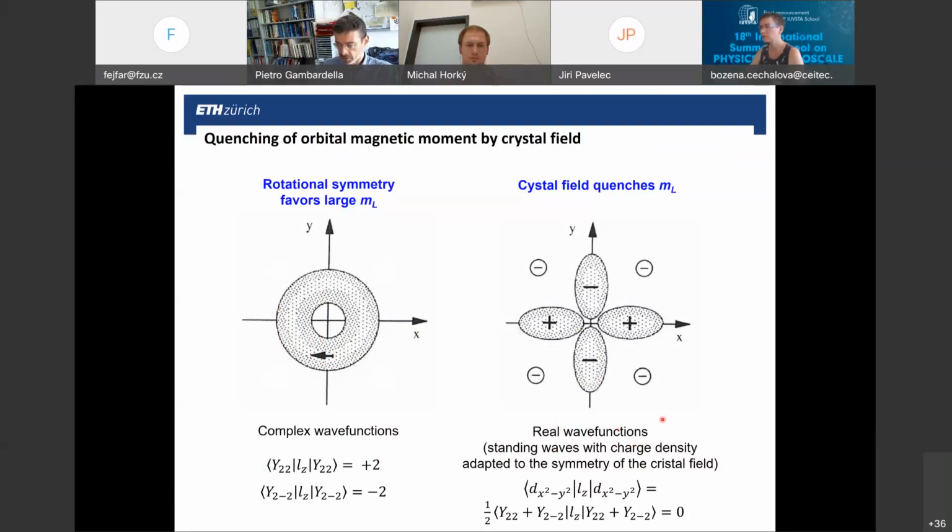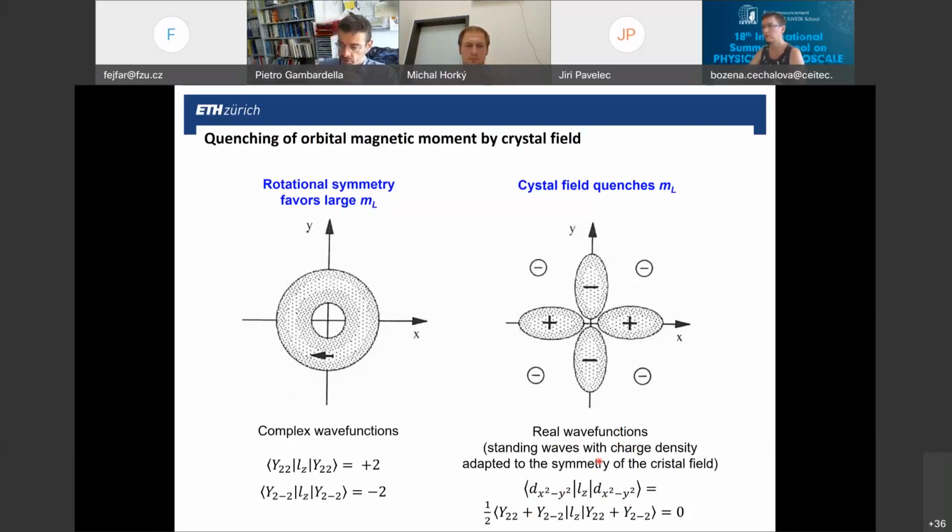These are the real crystal harmonics. And if you then consider the expectation value of the orbital moment operator in such states, these are the typical d orbital states, you'll find out that these states are made of a composition of opposite orbital momenta, and so the orbital magnetic moment is actually 0.